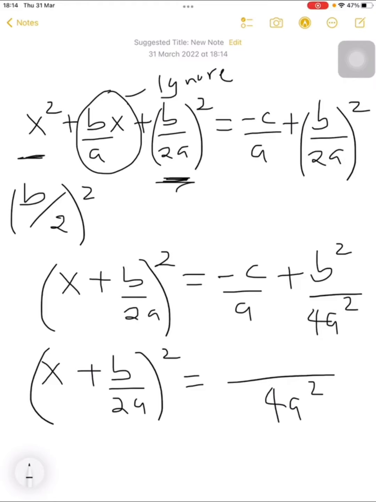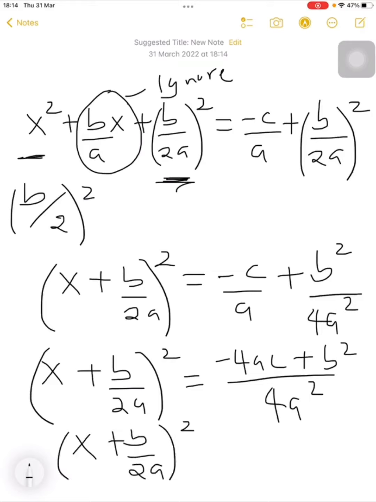We'll get minus 4ac, then plus b squared, right? I hope at least now you can start seeing something. Okay, so here we'll have x plus b all over 2a squared is equal to b squared minus 4ac all over 4a squared. Are we together up to there?